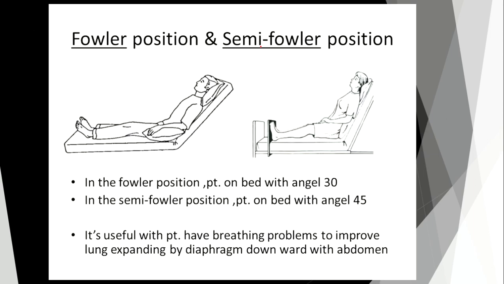Fowler and semi-Fowler position. This is not exactly a position on the operation table, but sometimes when patients have breathing problems, even through the tube, you must give an angle of the operating table upward, because it will be easier for the patient to breathe.